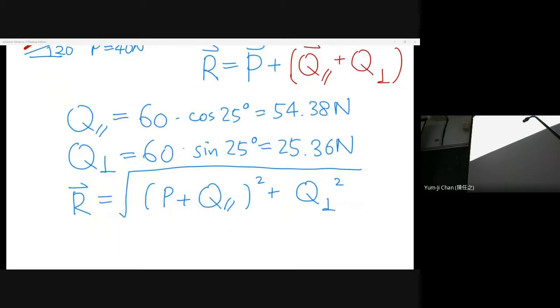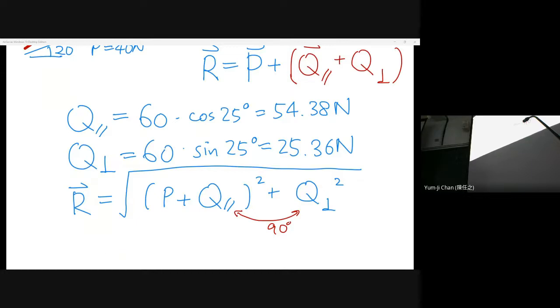Right, because these two are at 90 degrees to each other, perpendicular to each other. So the next step would be just to put in numbers.